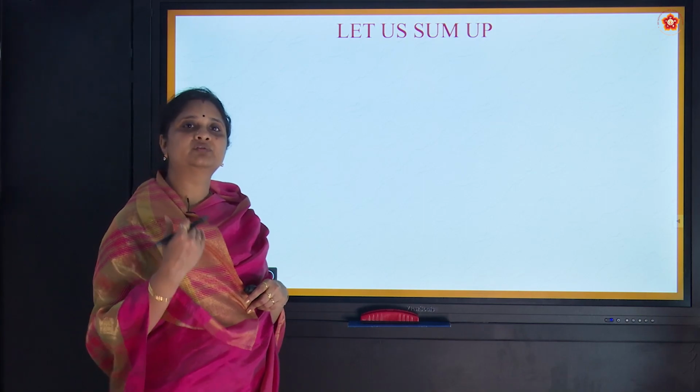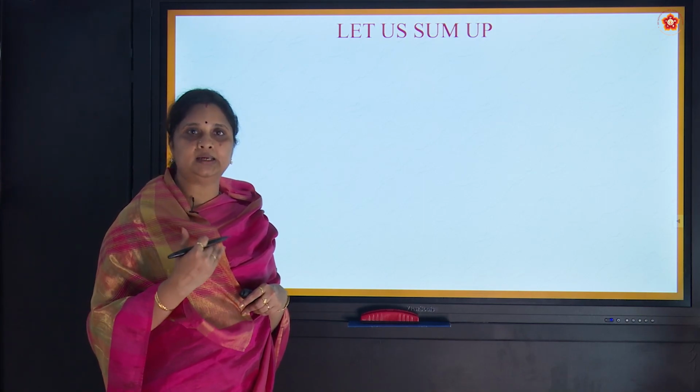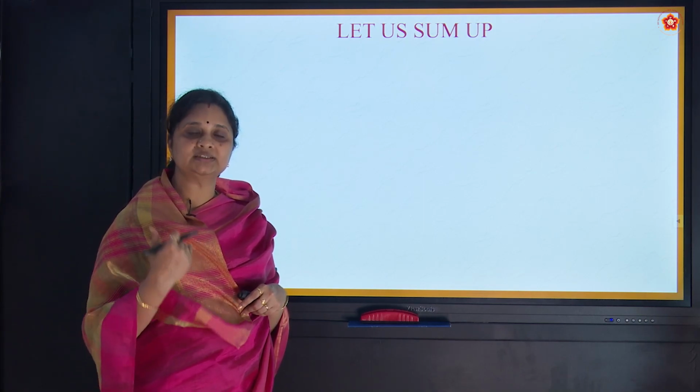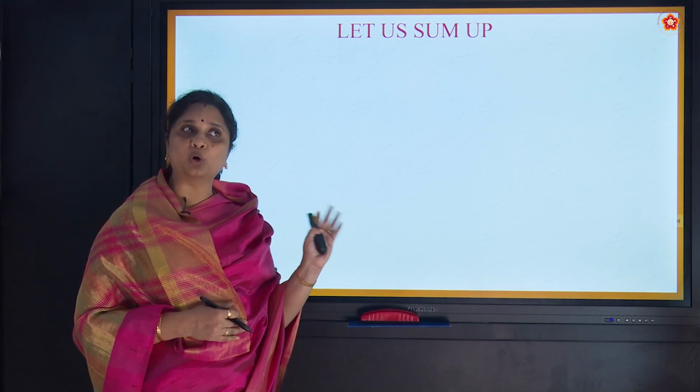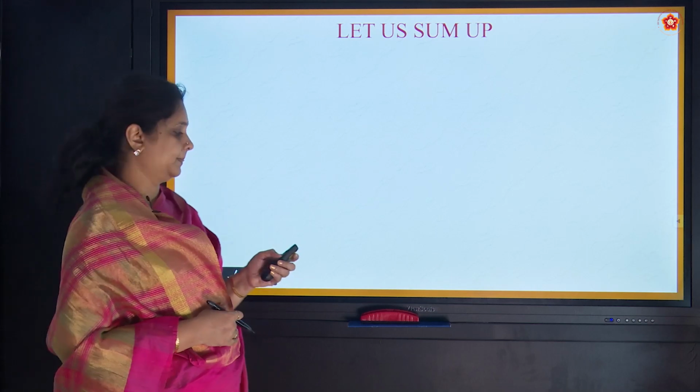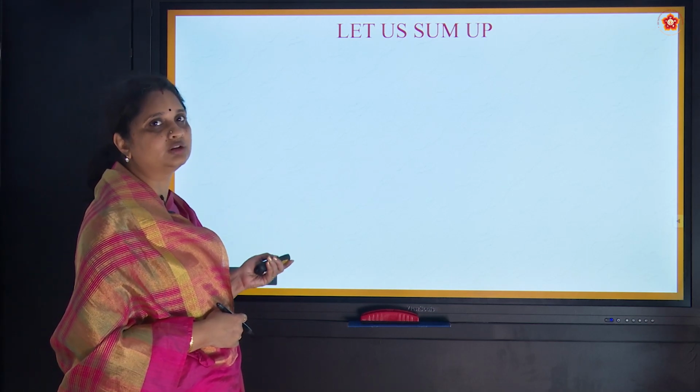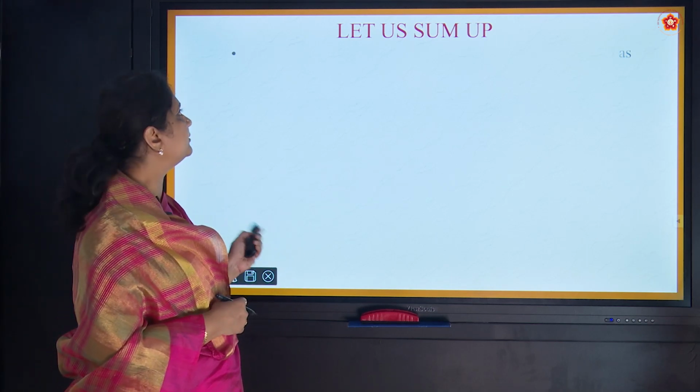With that, we are done with algebraic differentiation, derivatives of algebraic functions. We'll quickly sum up whatever we've learned so far. A quick recap of all the concepts that we've learned so far.